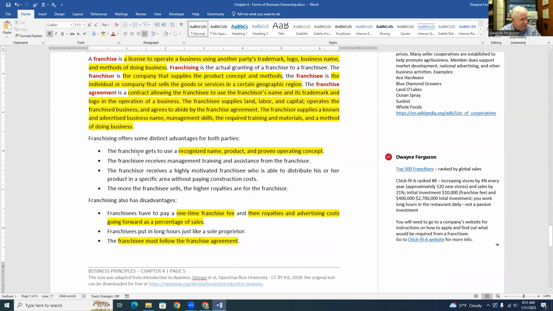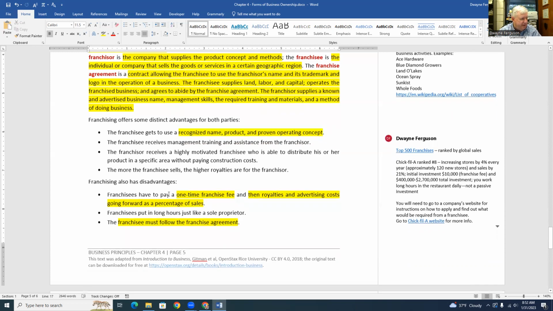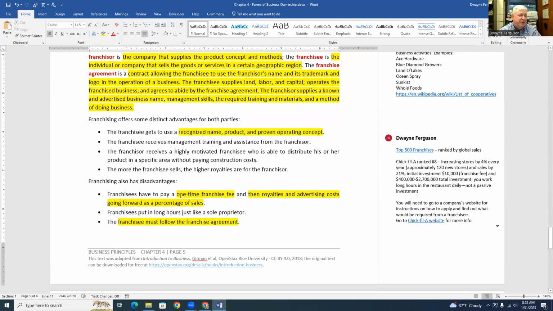So here are some advantages. The main advantage is you get to use their name, product, and concept. That's probably the main advantage you need to know here. When it comes to disadvantages, you've got to pay a royalty fee. There's a franchise fee that you pay to take on the franchise, but then a certain percent of your profits goes back to the franchisor as a royalty fee.